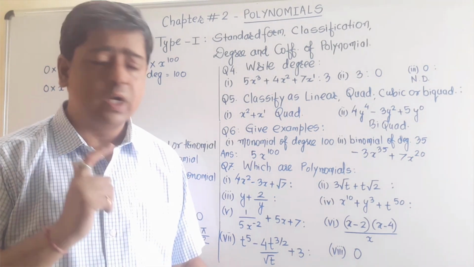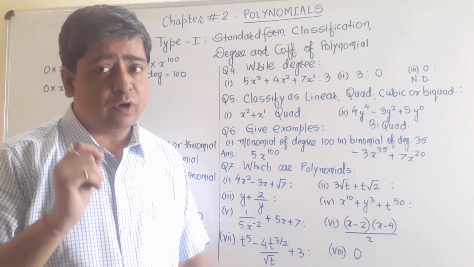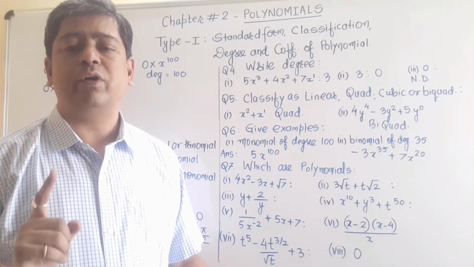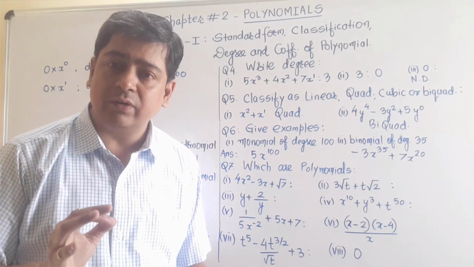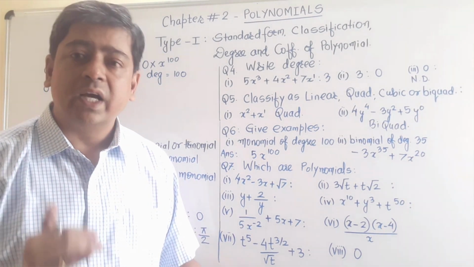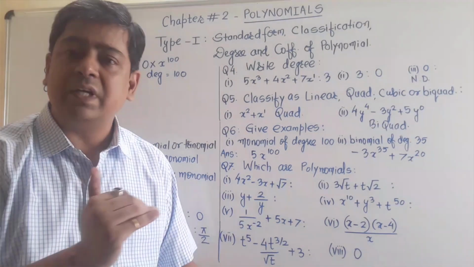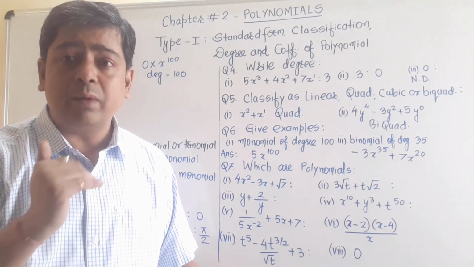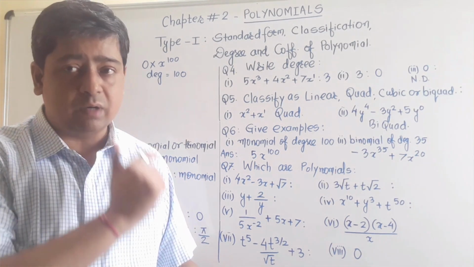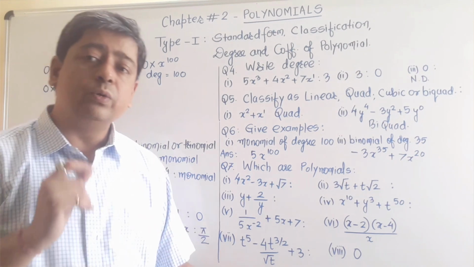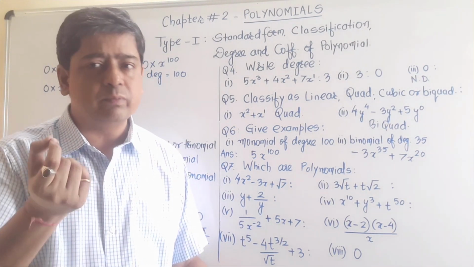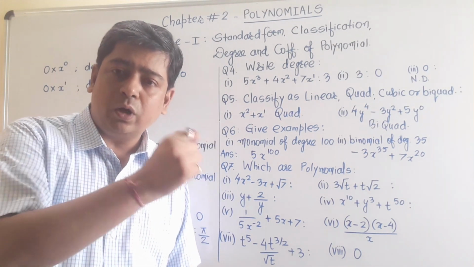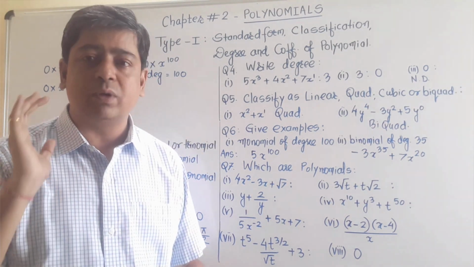Now here we need to find out the power of variable each and every time. Before I start, one thing remember: the power of variable you have to observe at the place of numerator. If the variable lies at the place of denominator, you bring it to the place of numerator. To do that, you need to use the laws of exponent. One simple law: if a term goes from numerator to denominator or denominator to numerator, the sign of the power always changes.